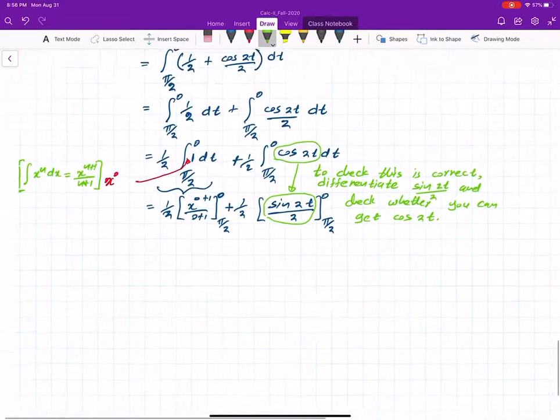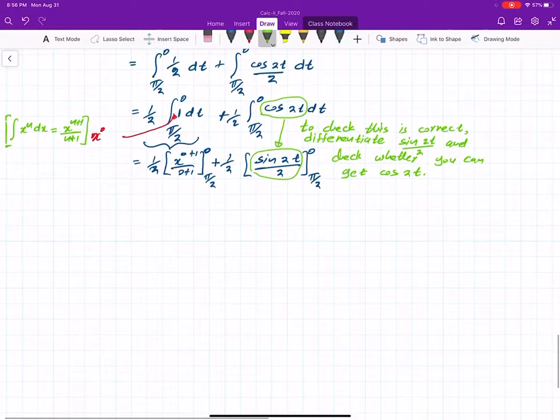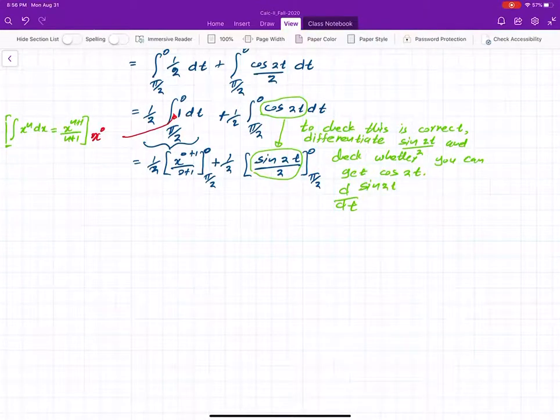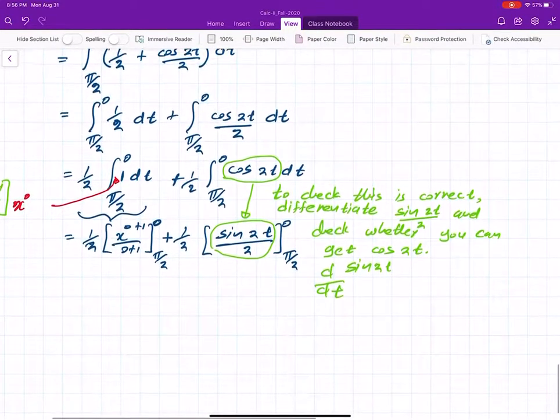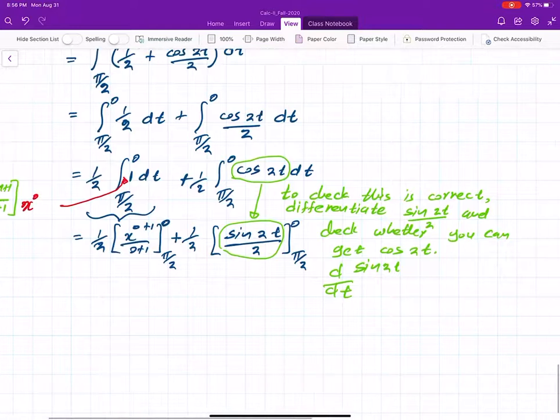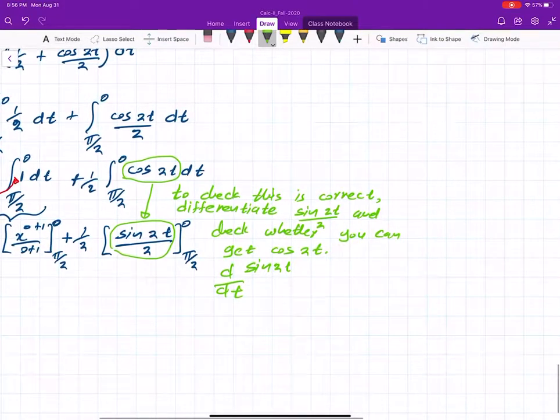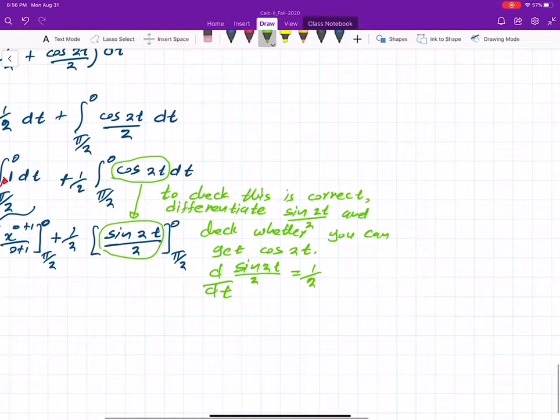Okay, so this is the experiment you could do. That's what I'm doing right here. I'm going to differentiate sine 2t over 2. You can take the half out and then differentiate sine 2t.